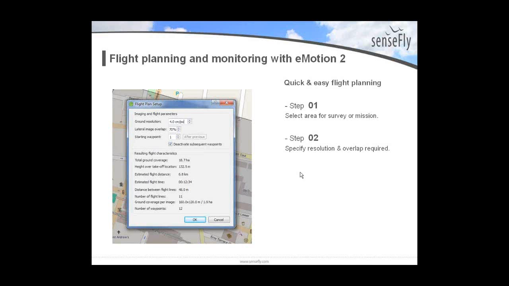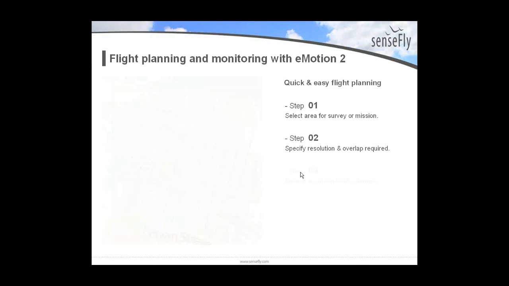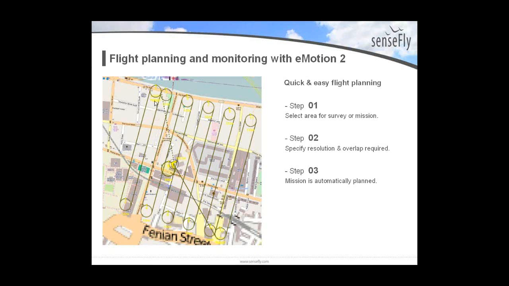And then next, once you've set those parameters, what you're looking at here is the flight pattern of the eBee. Once you've picked your overlap and your resolution, the eBee will plot all the waypoints and take pictures along this route, the flight plan that the eBee is going to follow.